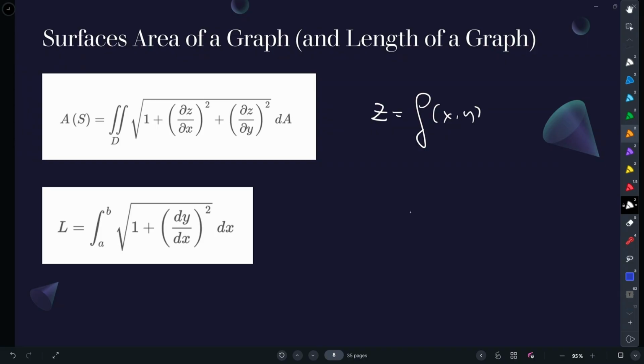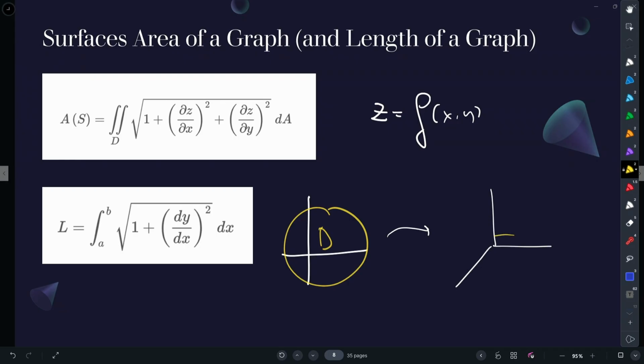And then the parameter space may be, for example, something here, D. We take that parameter space and look at the graph above it, and we're trying to find the surface area of that graph above the parameter space.